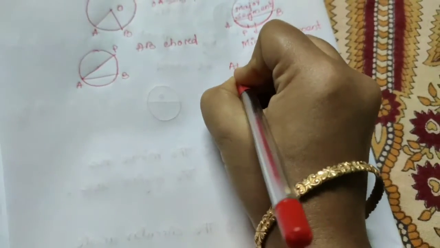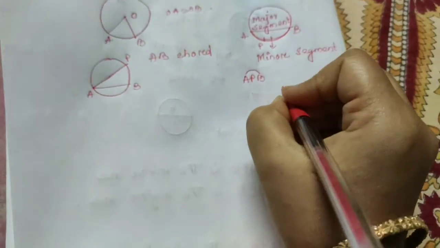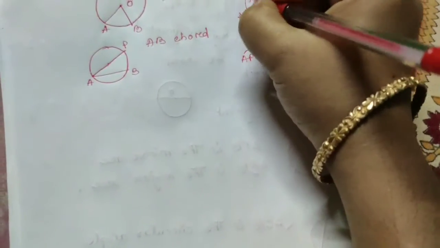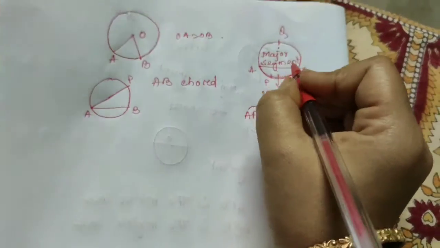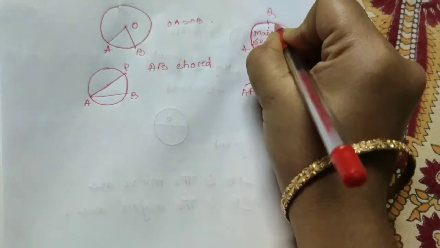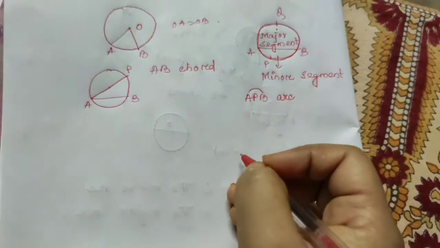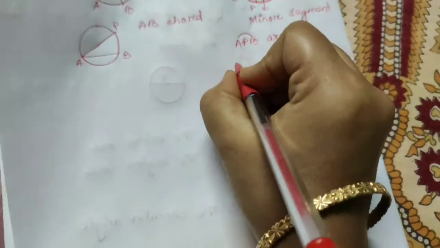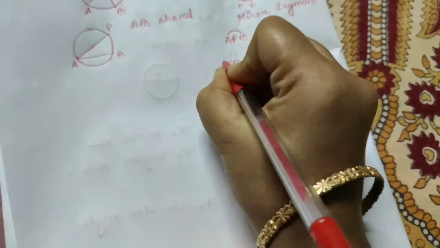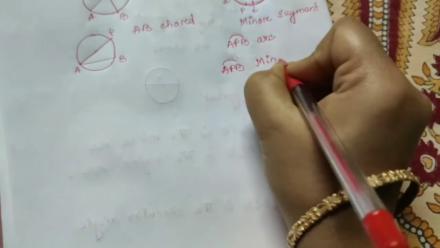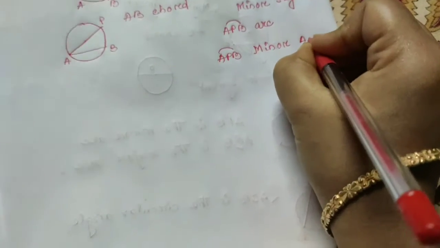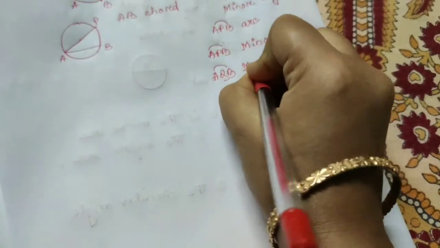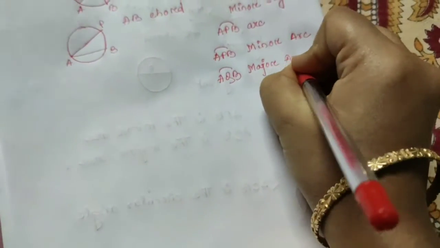Then the circular line APB is an arc of the circle, and taking another point Q, AQB is also another arc of the circle. Then APB is the smaller arc, that's why APB is known as the minor arc, and AQB is known as the major arc.